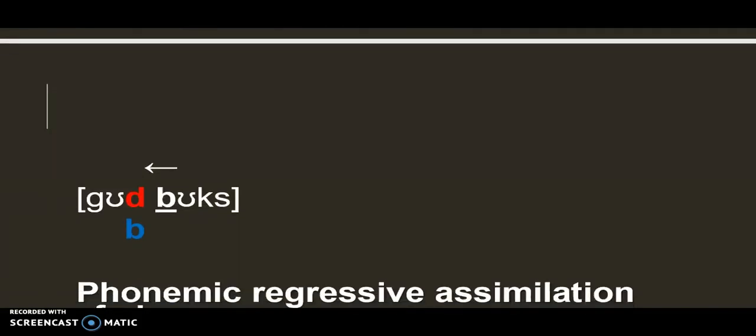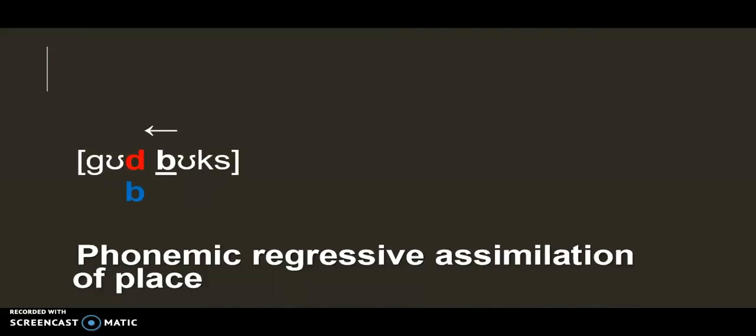Let's analyze the name. This phoneme is replaced, so we are talking about phonemic assimilation. It is regressive because the second sound affects the first one. And what changes if we compare the original sound with the new one that takes its place?